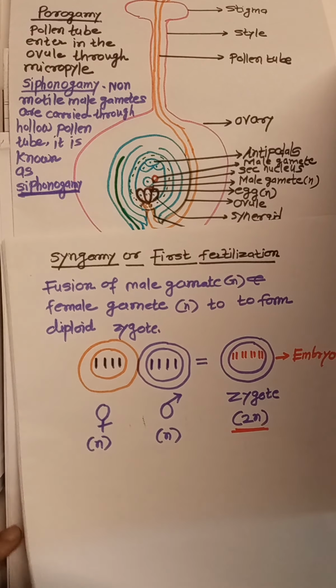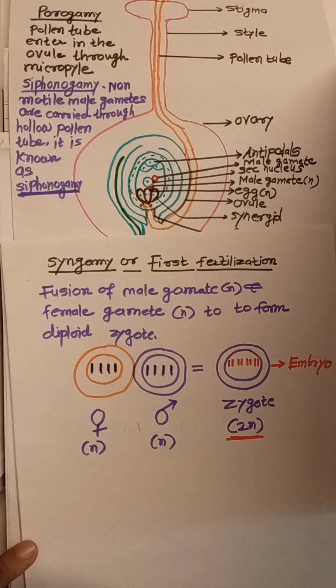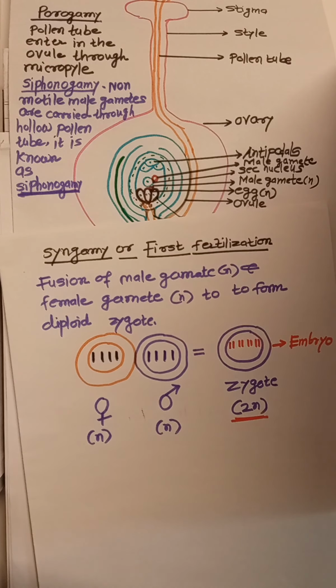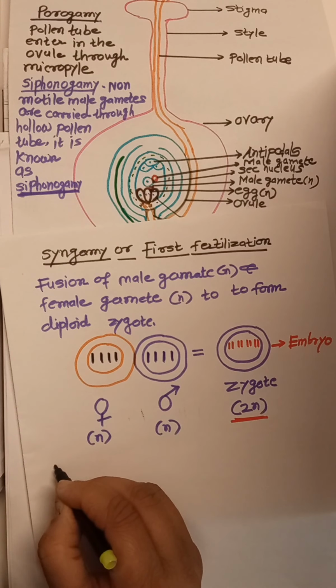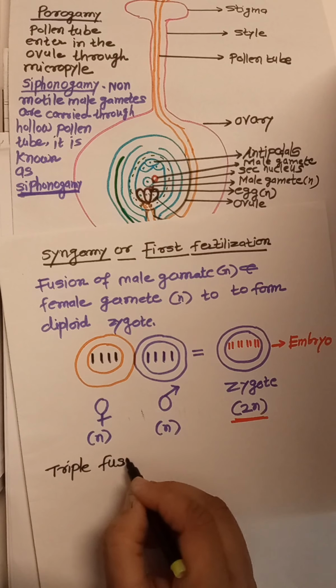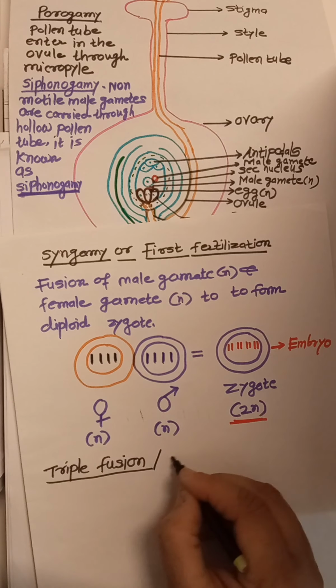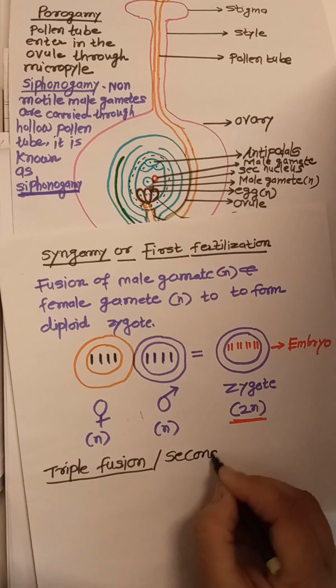First is porogamy, second is siphonogamy, third is syngamy or first fertilization, and fourth one is triple fusion. Triple fusion is also called second fertilization.